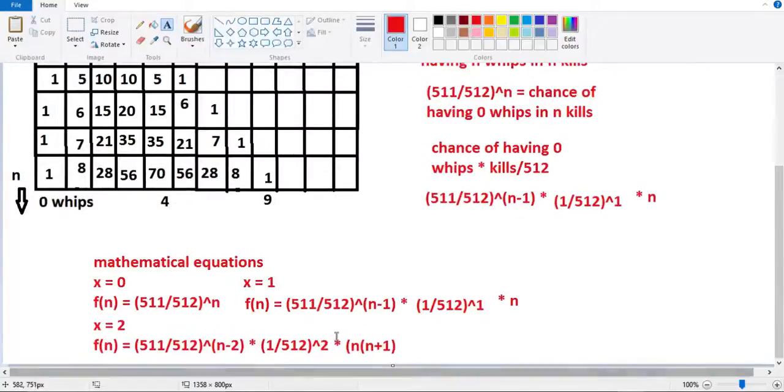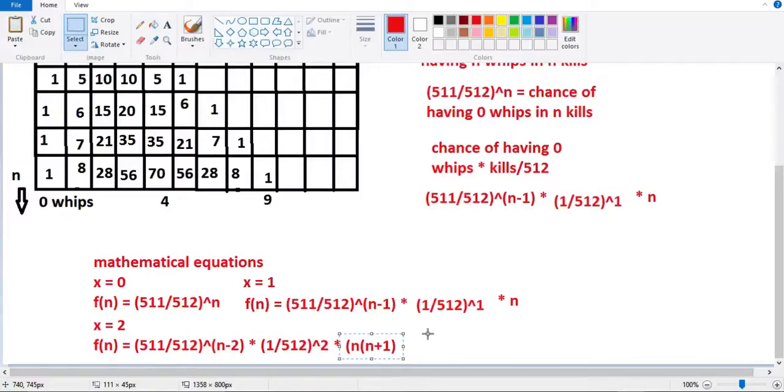If I say n equals 2, this is going to be 1 times 1 in 512 squared times 1 in 512 squared. And if I put minus 1, I want this to be equal to 1.